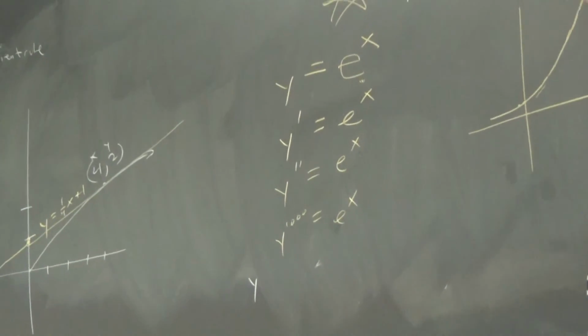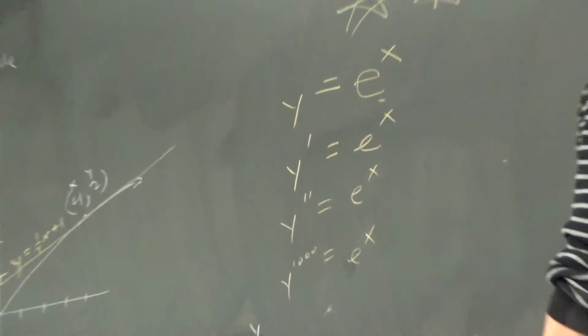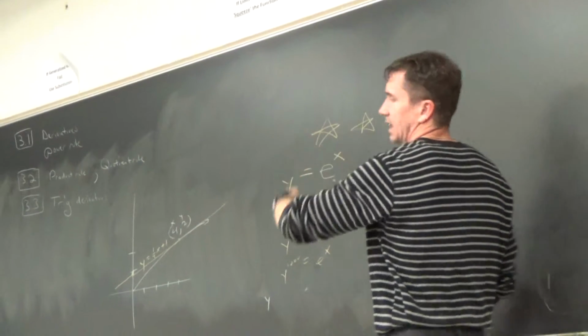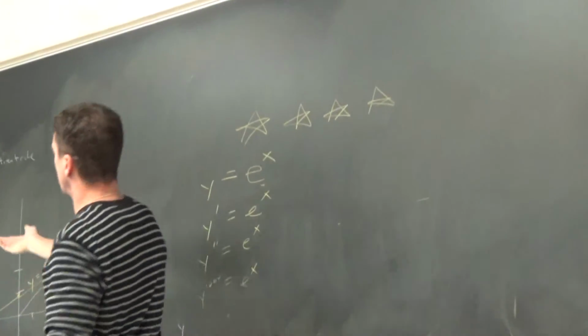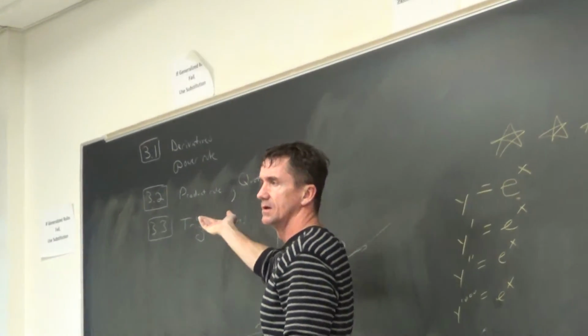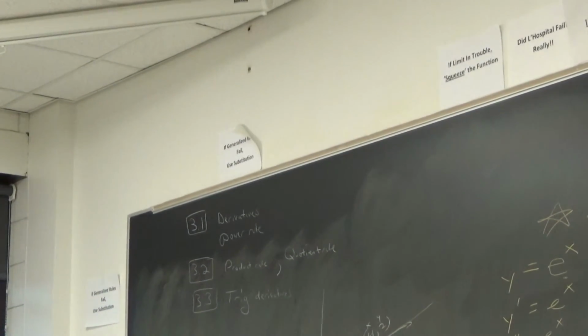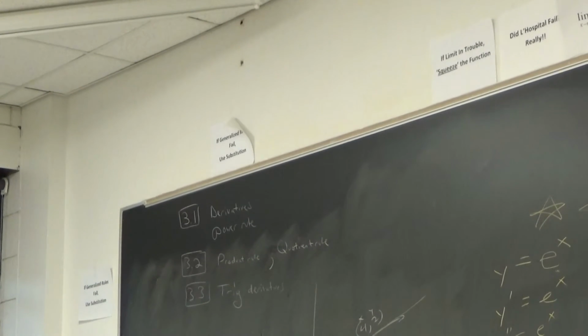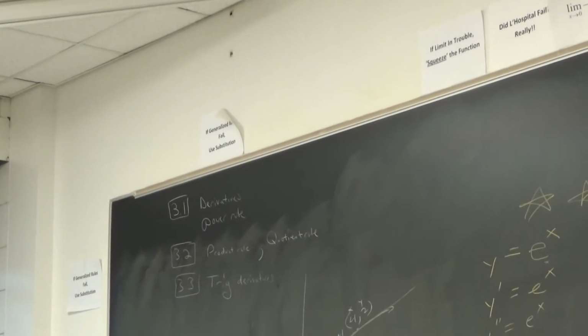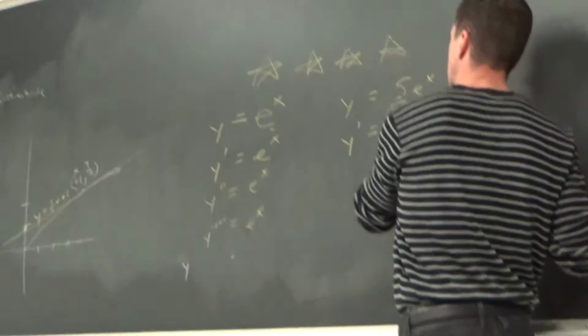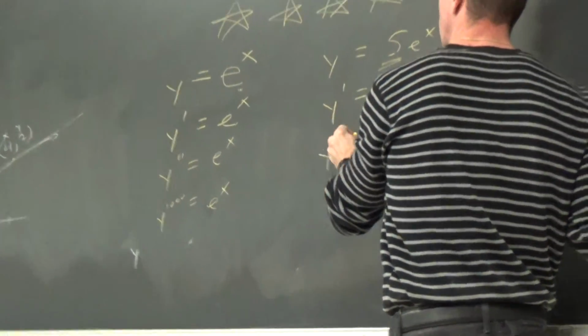Cool. Hey, let's talk about the constant rule. I don't write the constant rule. It's written in the book. Constant rule means you've already applied it. What if there's just a constant in front of these things? No effect. Right? Don't you agree?